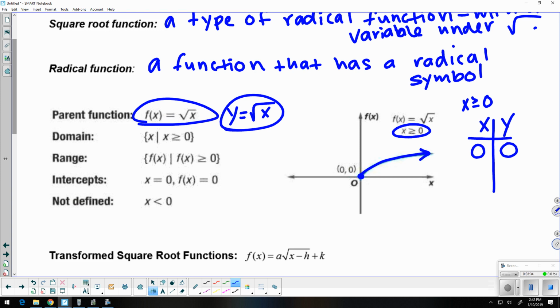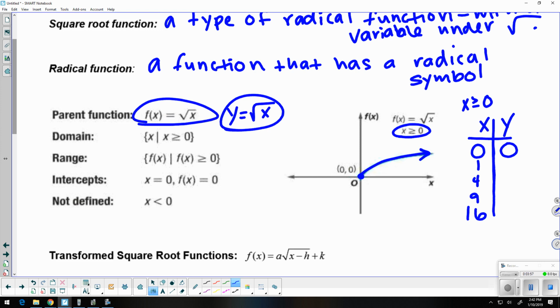Now I have to choose x's that are bigger than 0. Using common sense, since I'm taking the square root of each of these values, the numbers that make the most sense would be 1, 4, 9, 16. Because I'm taking the square root of these numbers, why not just choose the perfect squares?